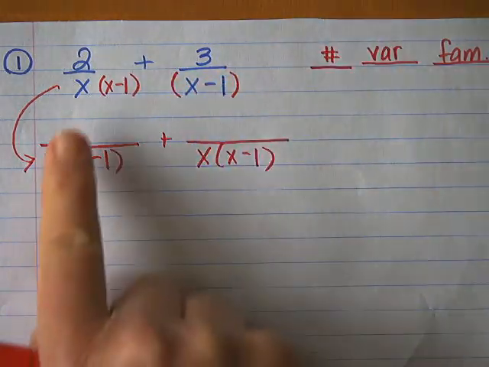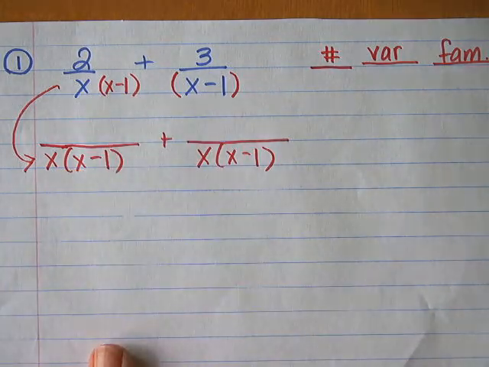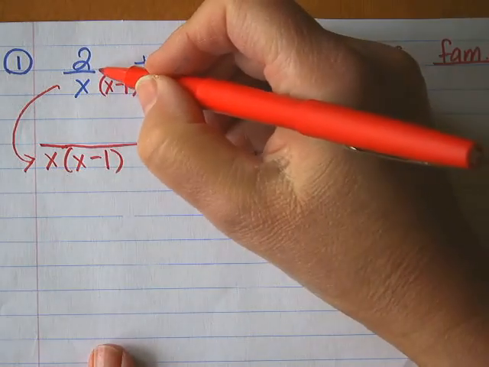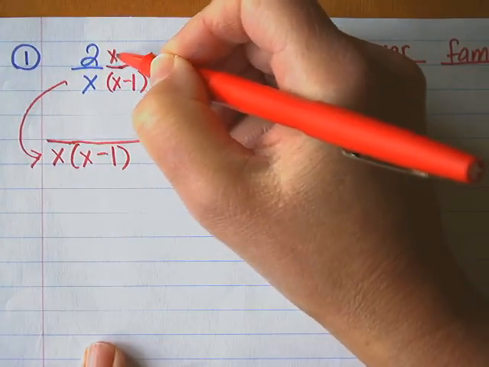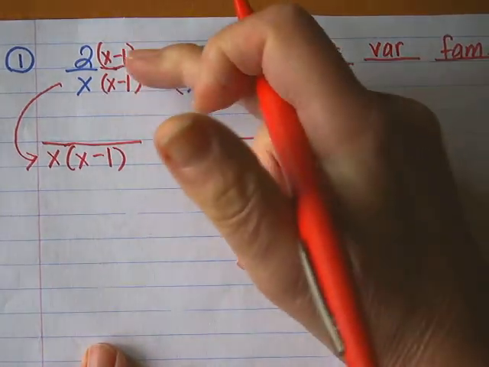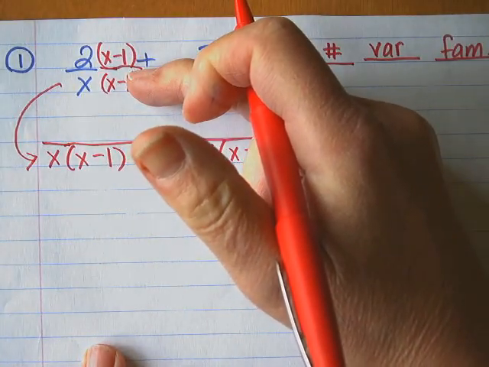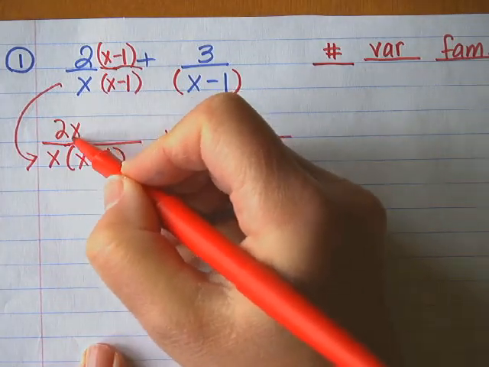If I multiply this x times x minus 1, this denominator matches that denominator. But according to the rule, I then need to multiply the numerator by x minus 1, by that family, because I'm multiplying by 1. So that would make this numerator 2x minus 2.